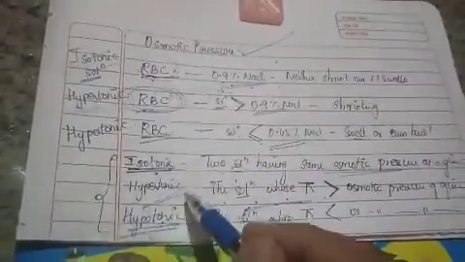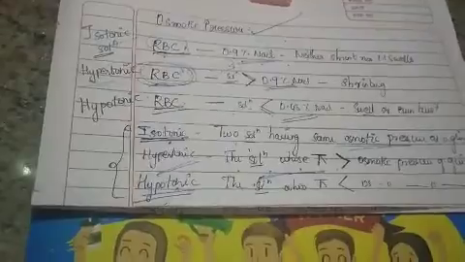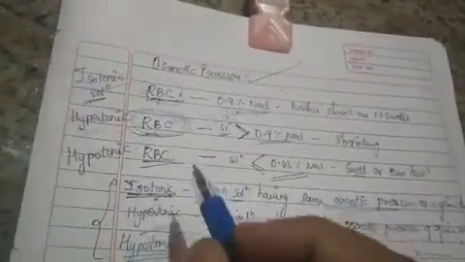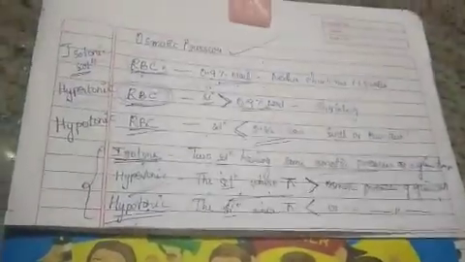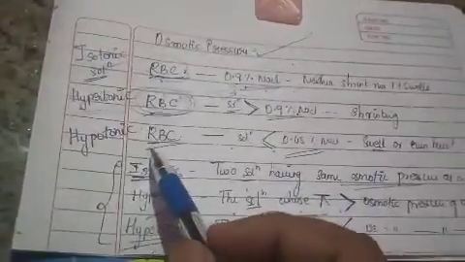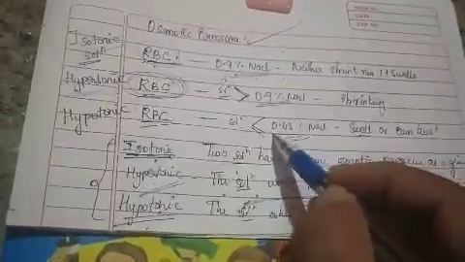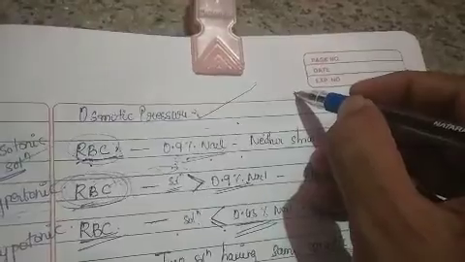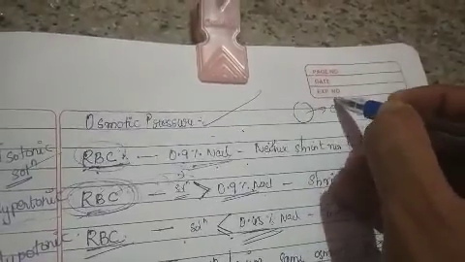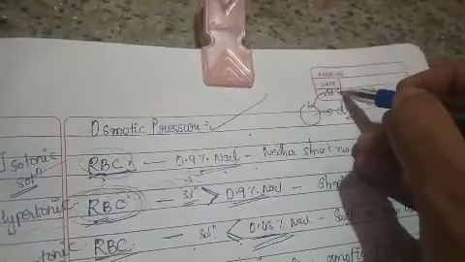For example, if your body has been dehydrated by certain means, for example in diabetic patients, in that case we give an injection of a solution of about 0.45% NaCl. Why? Because whenever your cell dries up, we have to rehydrate it.